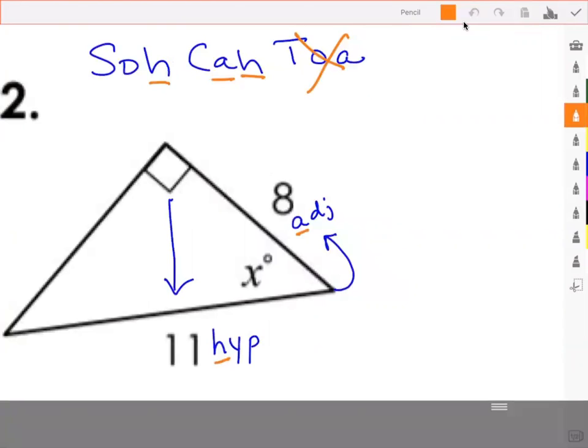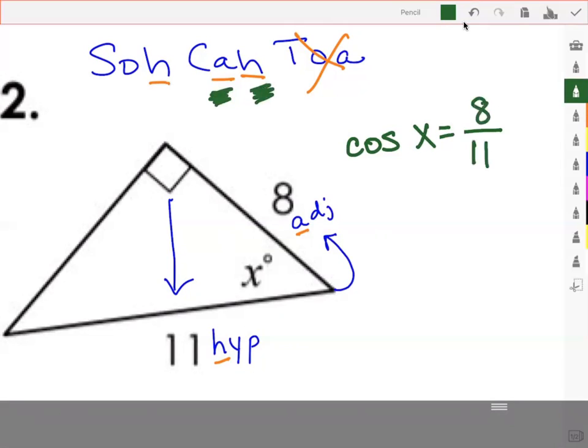Okay, so I have cosine of my angle measure, which in this case is X, equals adjacent over hypotenuse. So adjacent is 8, hypotenuse is 11. So questions on the ratio before we type it in?